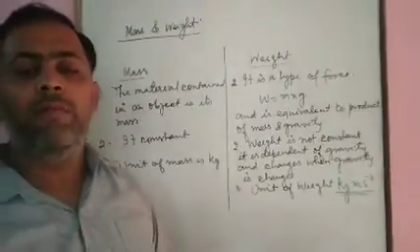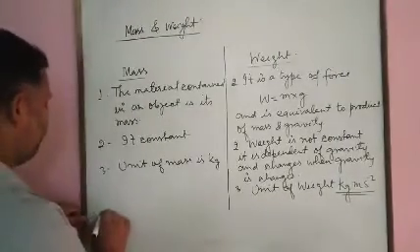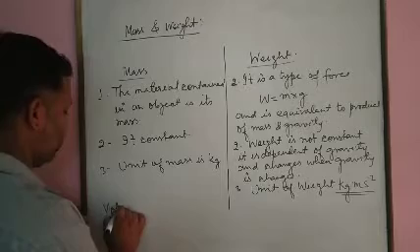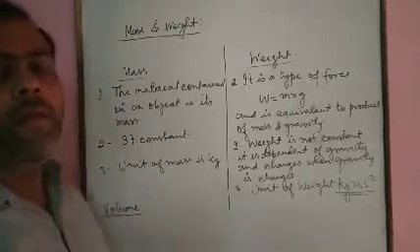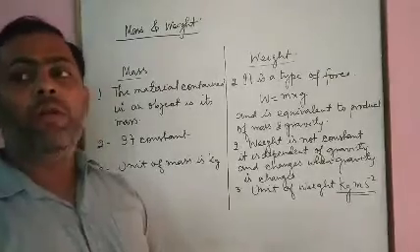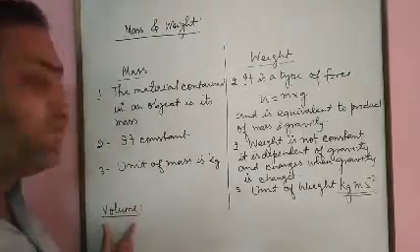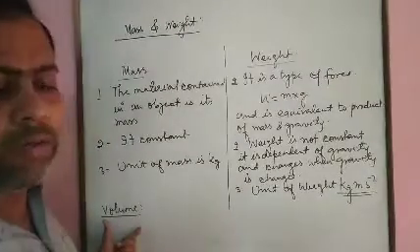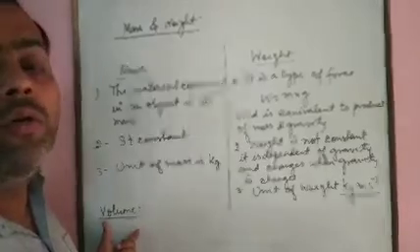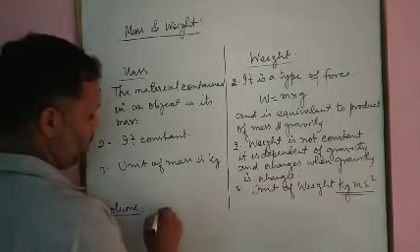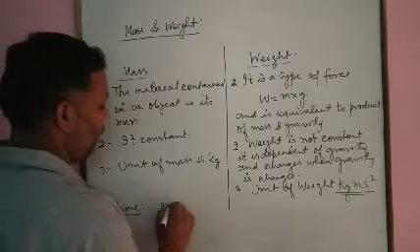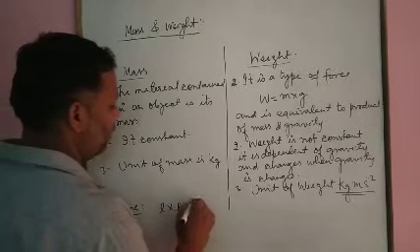So the next one, we will discuss what is volume. We know volume is a type of derived unit. It is a physical quantity whose unit is derived from length. We know when length is multiplied by length, what do we get?